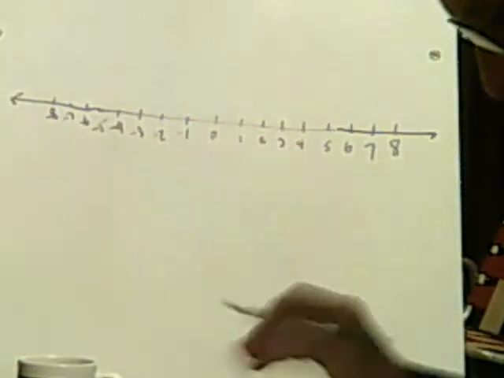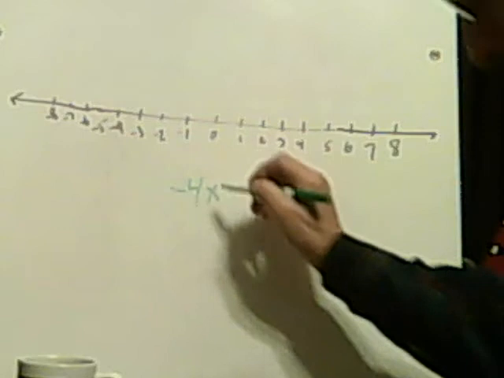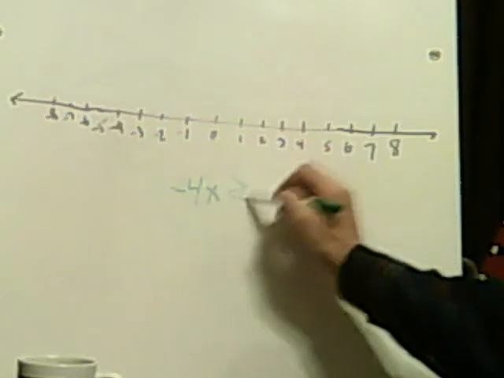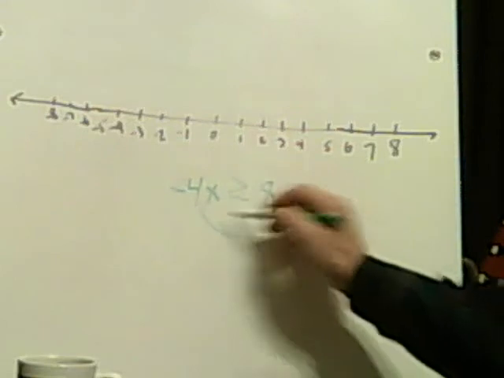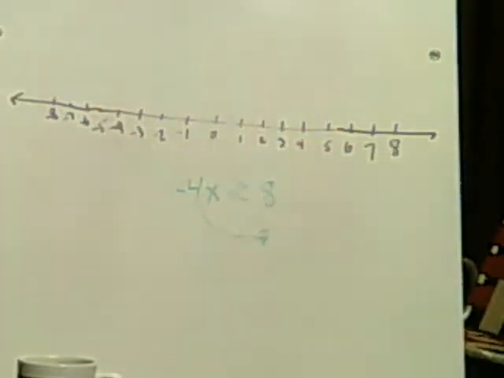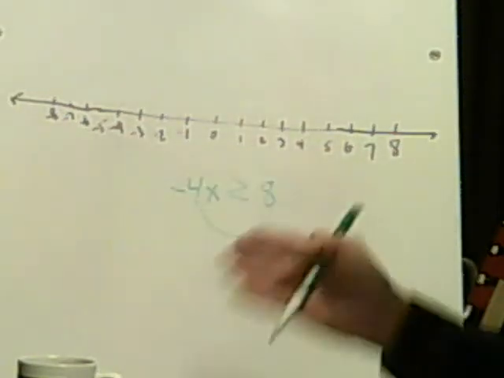Okay. Number 22. Negative 4x is greater than or equal to 8. Now we're going to divide both sides by negative 4. Now here's the trick. This is the first time that we've had to bring a negative over to one side.